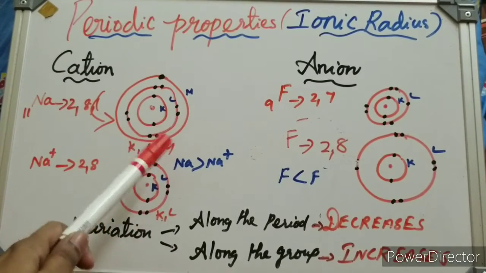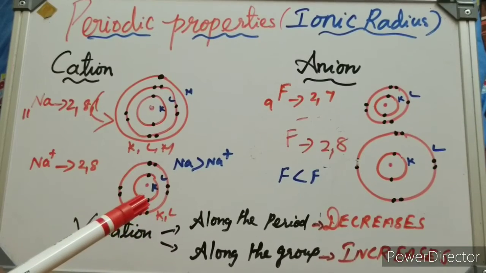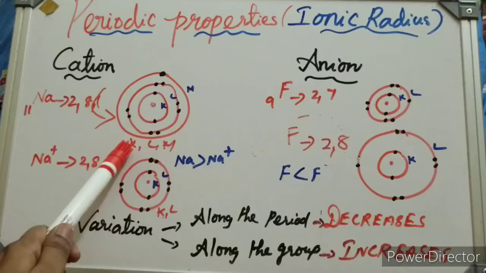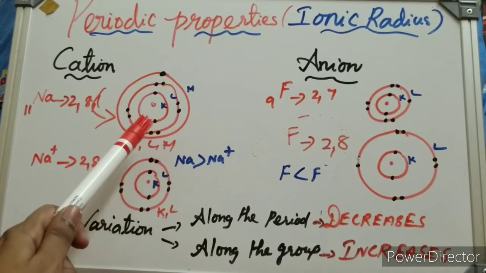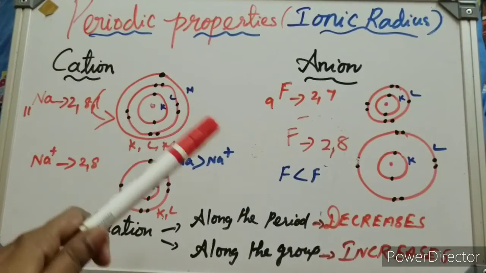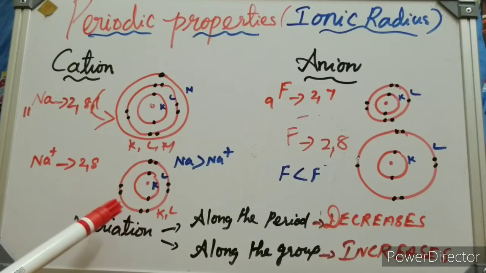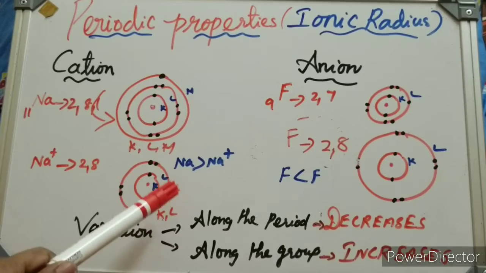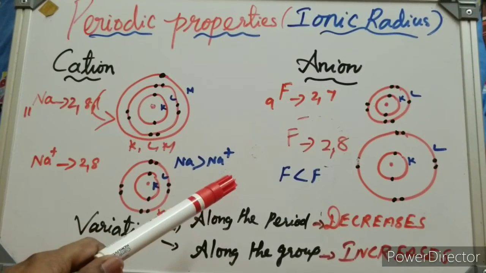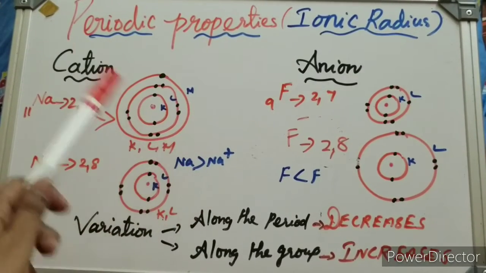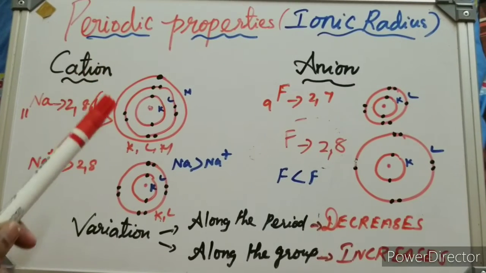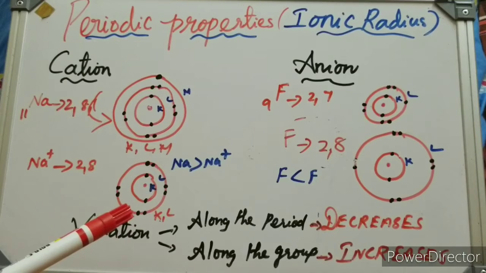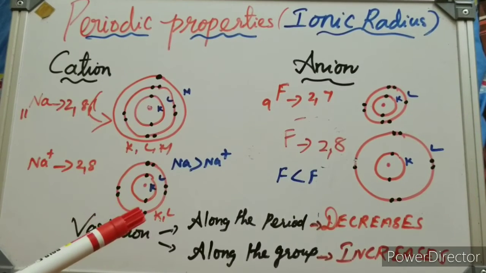The number of shells decreases in the cation compared to the neutral atom. Here sodium has 3 shells, K, L, M, but the sodium ion, the cation, has only 2 shells, K and L. So the number of shells decreases when a neutral atom changes into the positive ion, the cation.